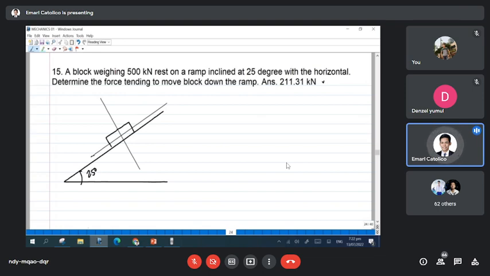Okay, so yung weight natin, pababa yan ha. Weight is equals to 500 kilonewton. And meron kang forces acting on X. Naka-theta yan. WX, yan yung WY mo, pababa din. WY. Okay? And opposite ng weight is normal force.